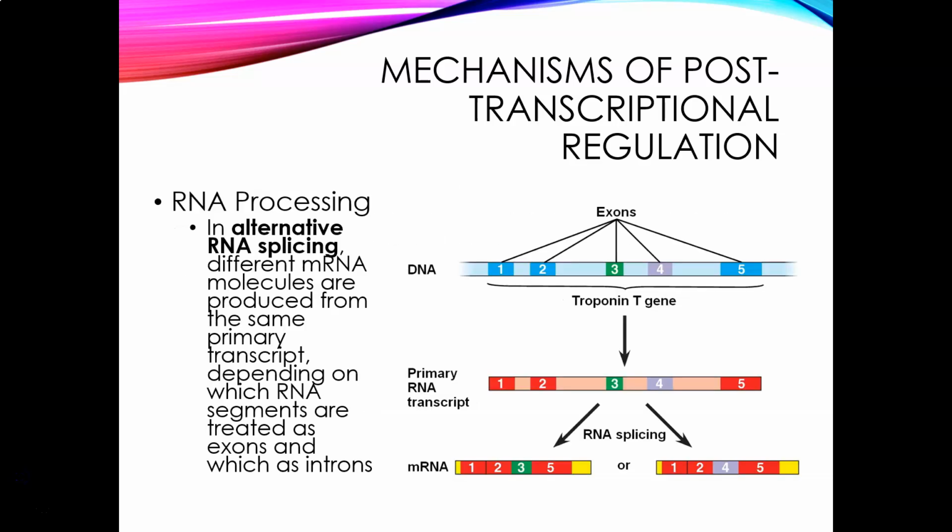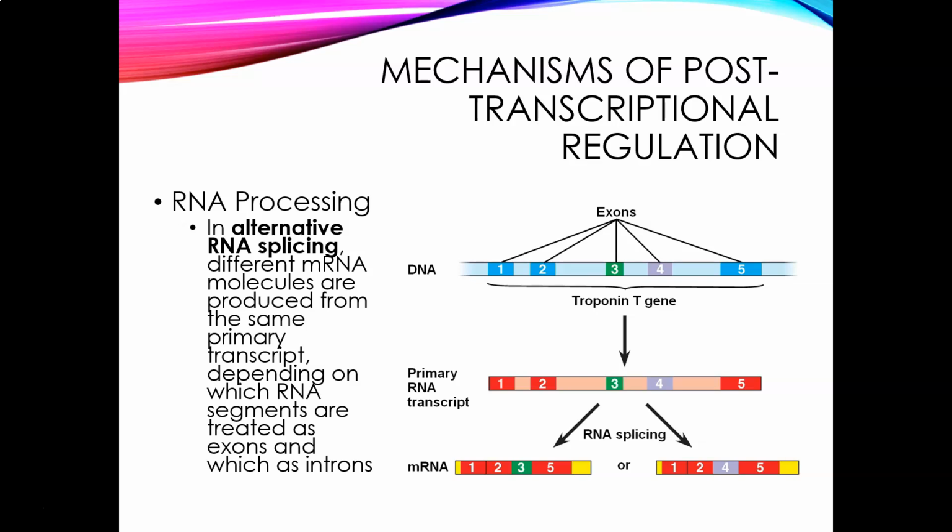So when we look at RNA processing, remember that we talked about this idea of alternative RNA splicing. Initially, as soon as that messenger RNA is completed at the end of transcription, it really isn't the final molecule that will ultimately get translated when we get to the ribosomes. We have to add that 5' cap, that poly A tail.